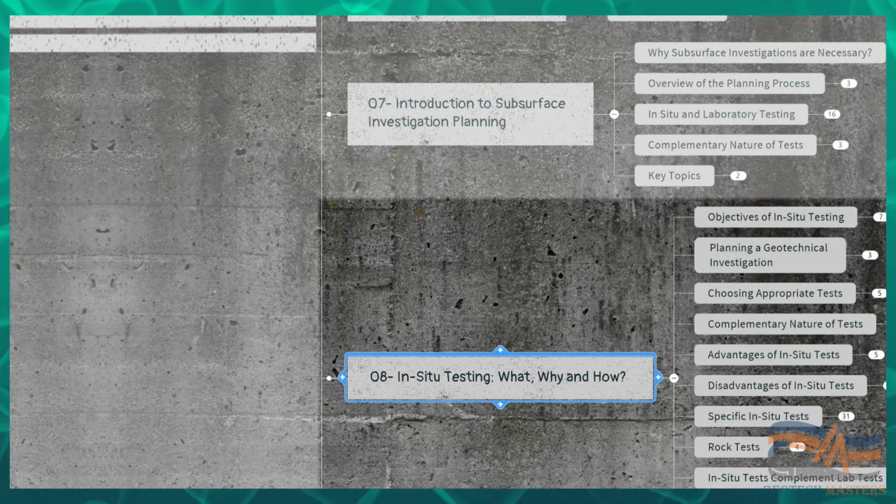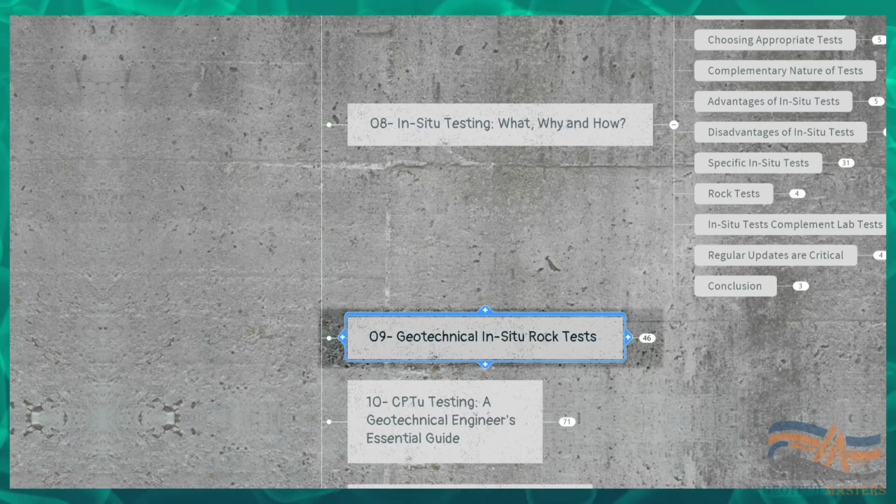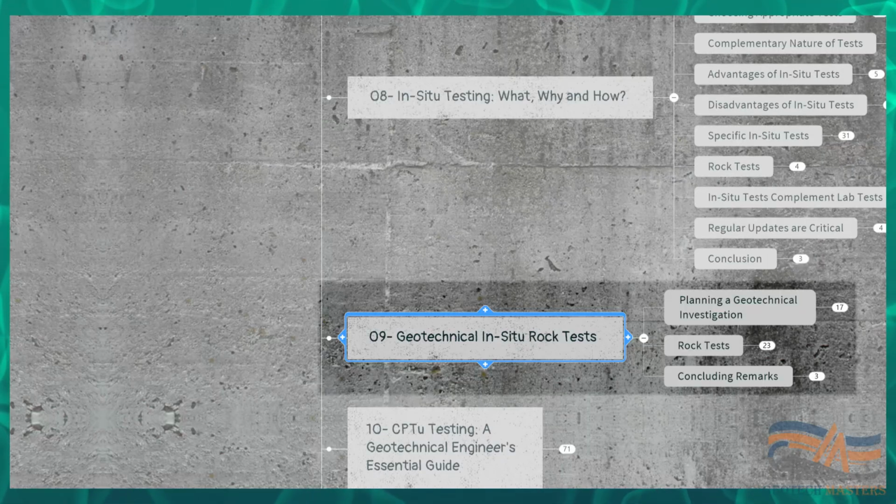This session introduces the world of in situ testing, exploring their objectives, advantages, disadvantages, and how to choose the right test for the right job. Episode 9, Rockfield Tests, Direct Shear, Dilatometer, and more. We'll take a closer look at specific in situ rock tests, understanding how they work and when to apply them.